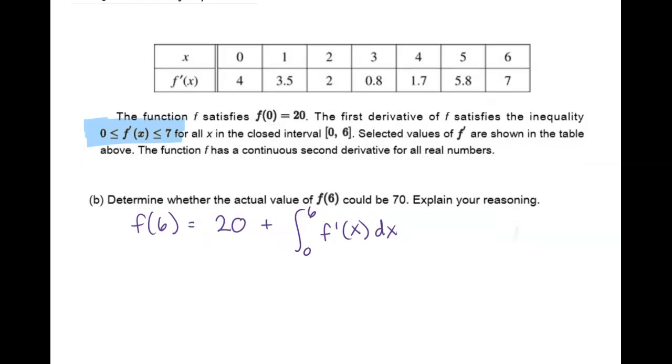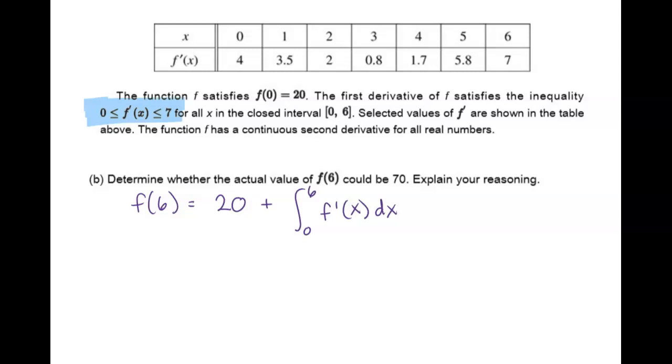So meaning, really if we look here, f of 6 equals 20 plus the integral from 0 to 6 of 7 dx. Only it's not really equals at this point. It's actually less than or equal to.